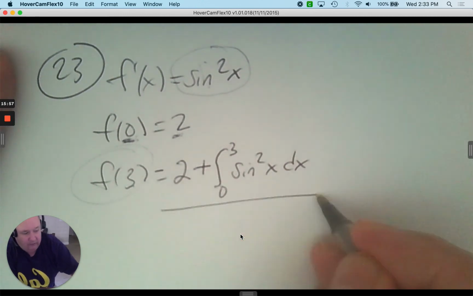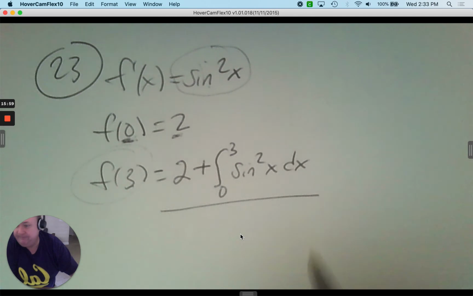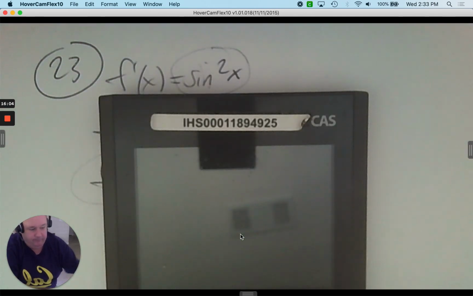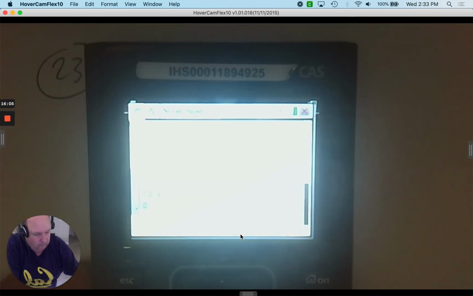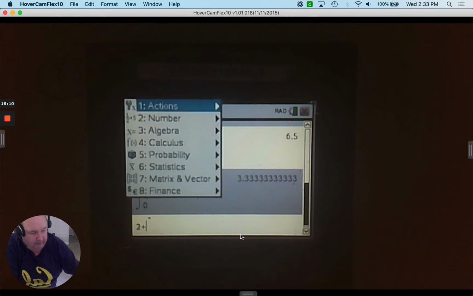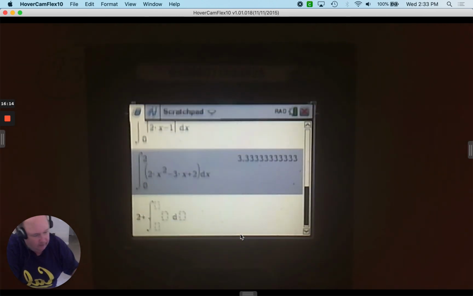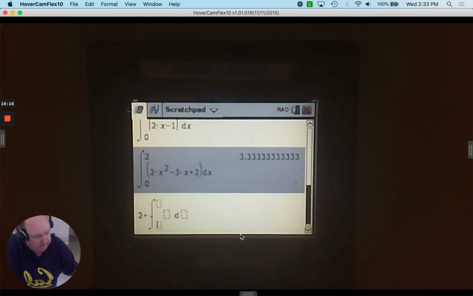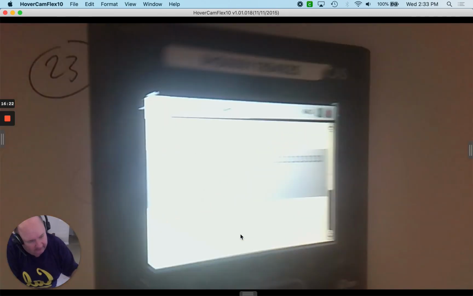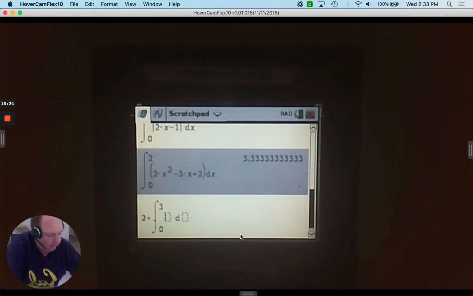And now the question is, can you put that in your calculator? Sure you can. So it's 2 plus menu, calculus, integrate. And again, we're going from 0 to 3. And it's sine x and it's squared. So I'm going to write it this way.